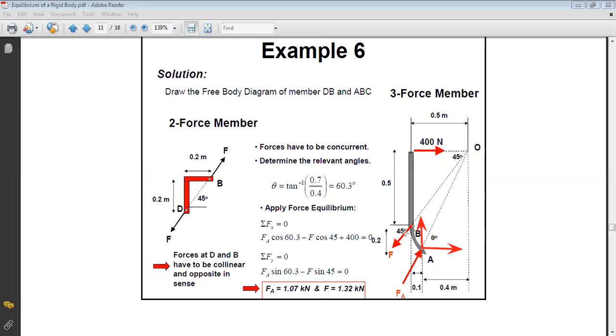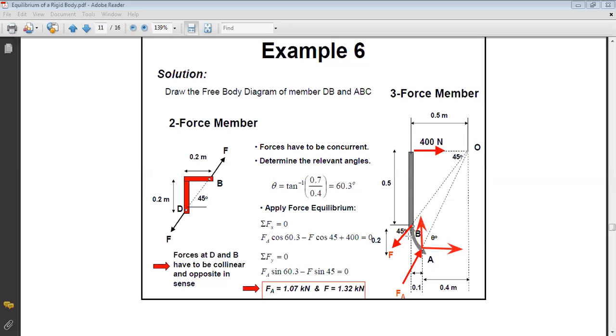If not, I should do sum of x equals 0, sum of y equals 0, and for example, sum of moment about A equals 0. Then I will get AX, AY, and F. And when I find AX and AY, I can say that FA is the square root of AX squared plus AY squared, and to find the angle, tangent theta is AY over AX. But it will be a longer solution.